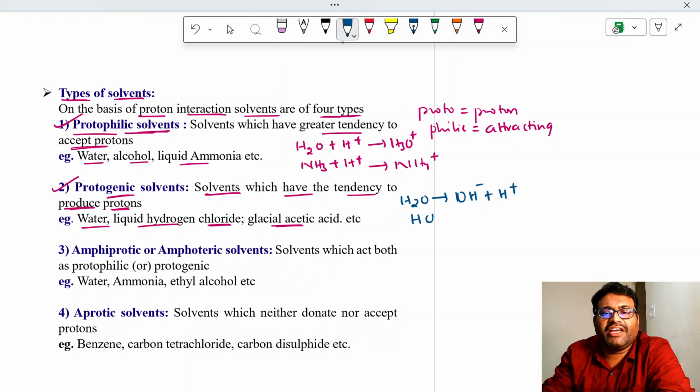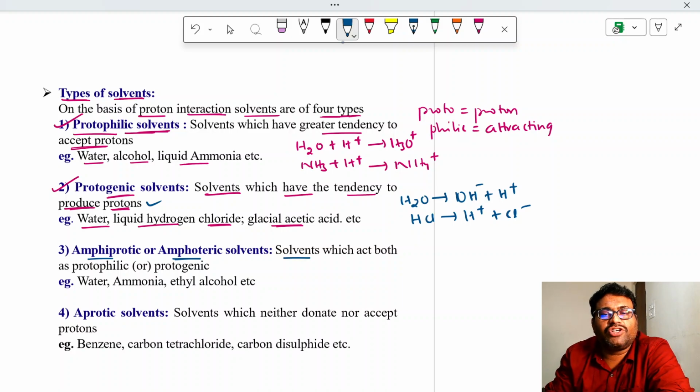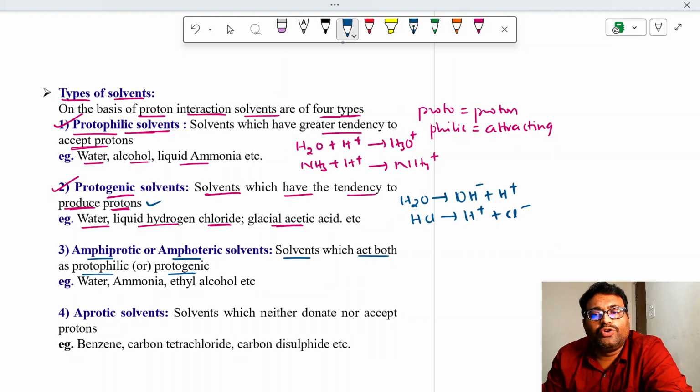In the same way, HCl gives H plus plus Cl minus. So protogenic means produce protons, protophilic means accept protons. Amphiprotic or amphoteric means a solvent which acts as both protophilic and protogenic, which has a tendency to lose a proton as well as to accept a proton.